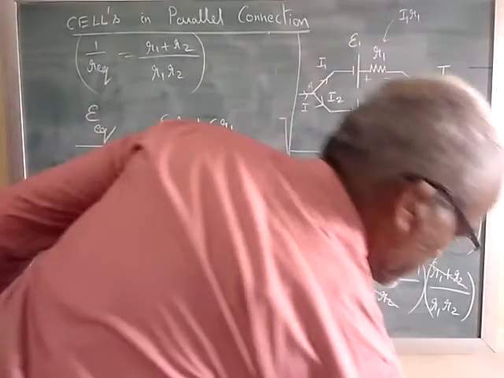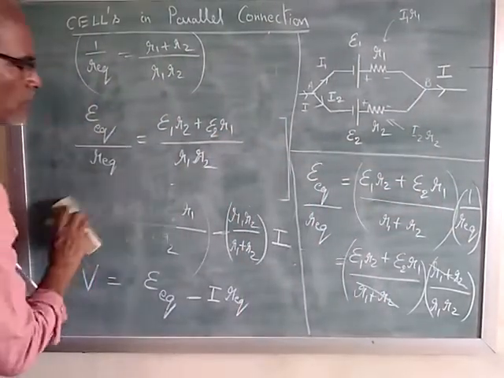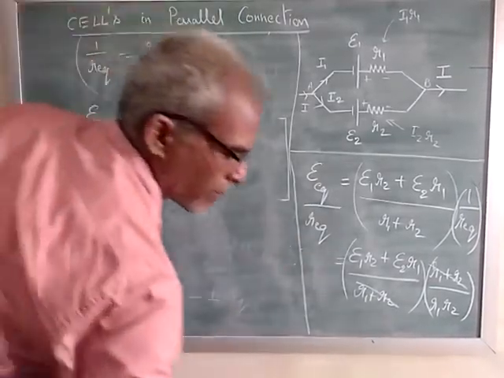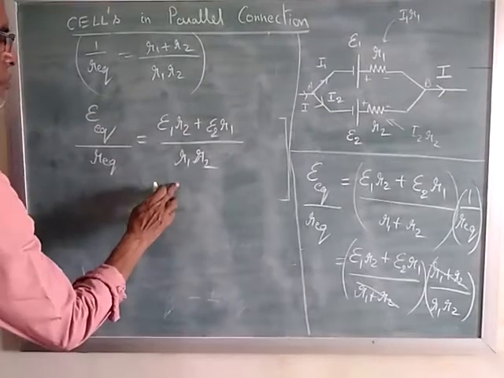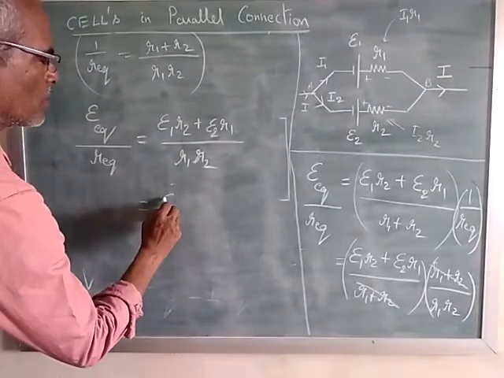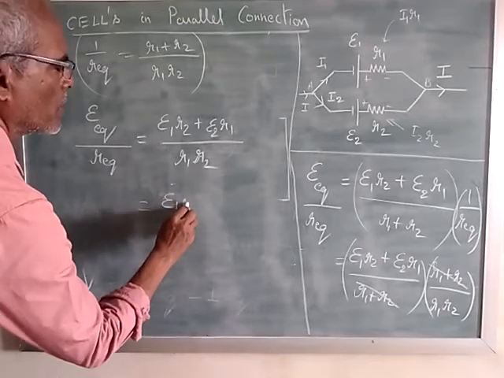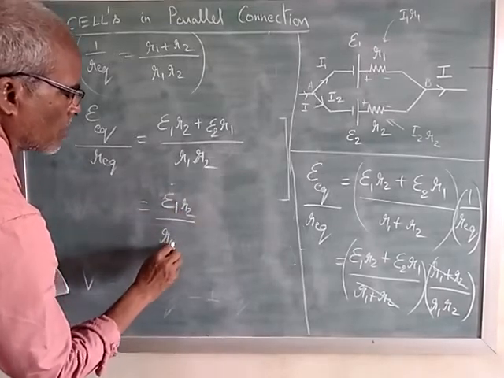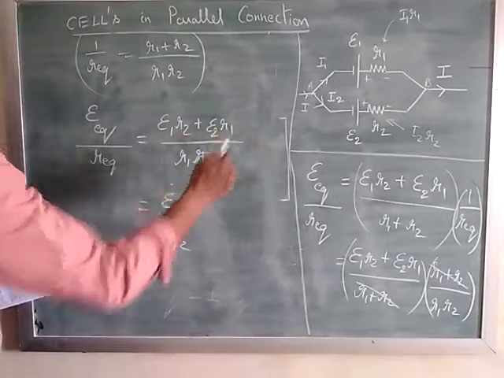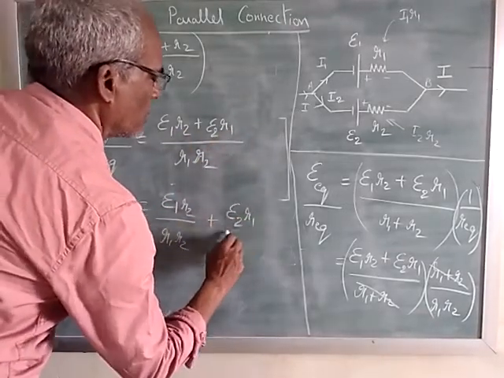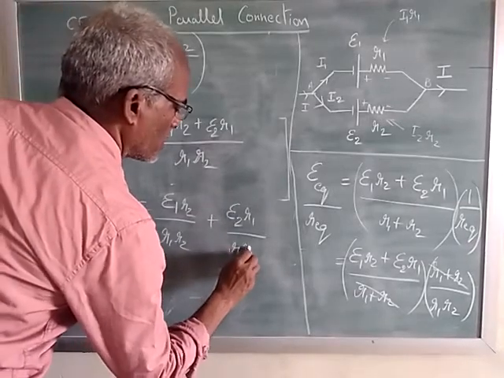Now this can be written as E1 R2 by R1 R2, that means we are splitting into two terms, plus E2 R1 by R1 R2.